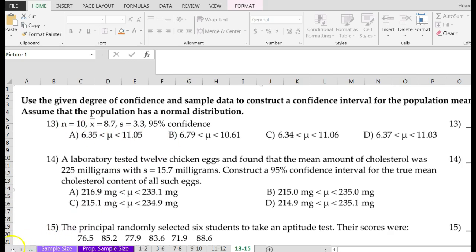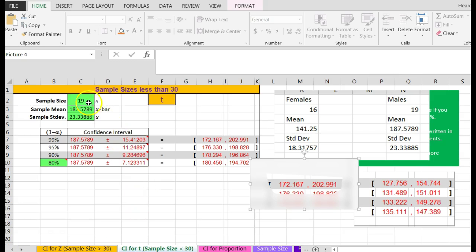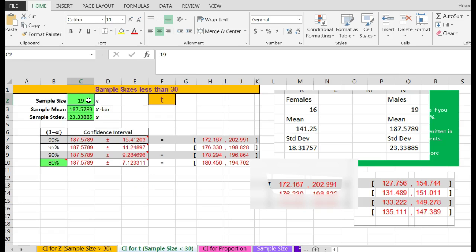So let's go down to the bottom, scroll over to confidence interval for t when the sample size is less than 30. All right, my sample size here, I've got some other things pasted over there I've been using, but that's okay. My sample size is 10. My sample mean, it gave it to me, was 8.7.